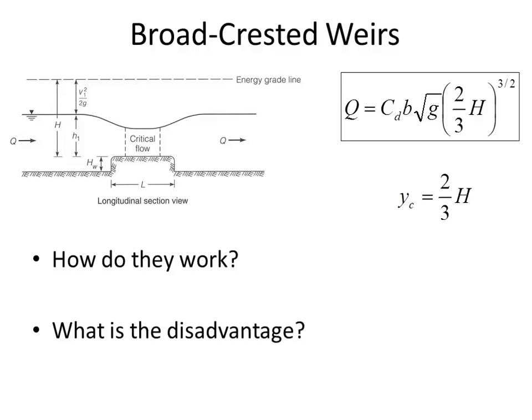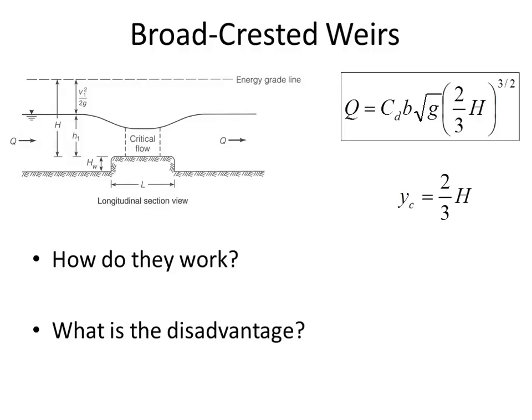Remember that minimum specific energy is 3/2 of the critical depth, and this is related to that. Specific energy is the depth plus the velocity head above some surface, and so specific energy, E, which we've previously been referring to as E, is represented here as H.